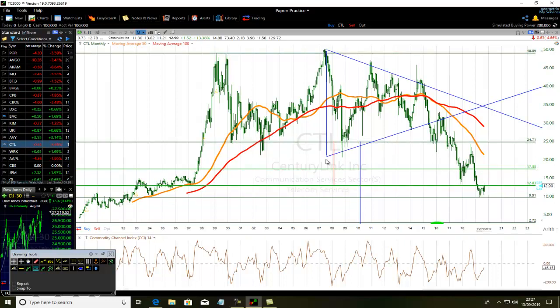As I told you, you will be using the horizontal channel, triangle, and pitchfork tools. Use them all. Why? Because you want to go into the mind of other traders and understand how the price is behaving. Now it becomes clearer that this is a midpoint target of the projection of that horizontal channel, and you can see that people prefer that to this one.